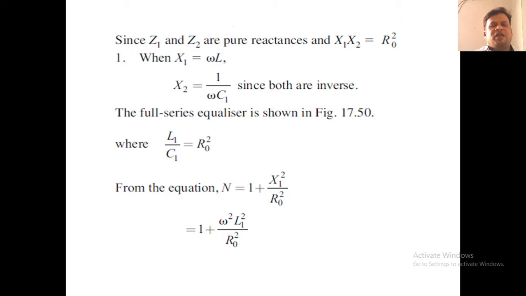From the equation n is equal to 1 plus x1 square by R0 square, we substituted x1 equal to omega L and got n equal to 1 plus omega square L1 square by R0 square, I repeat.